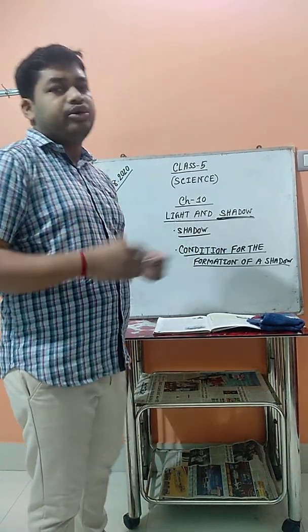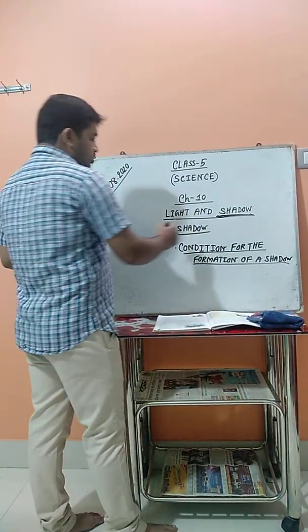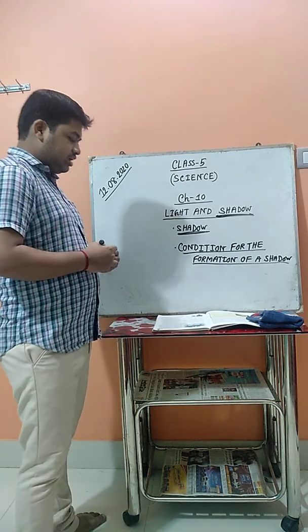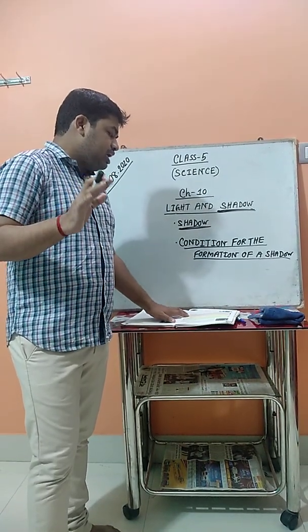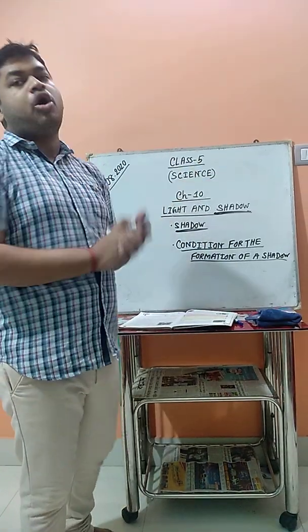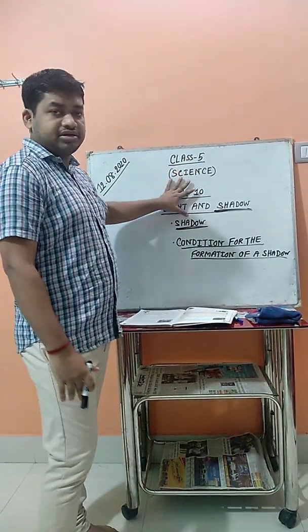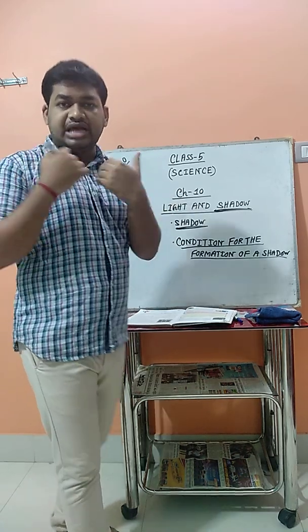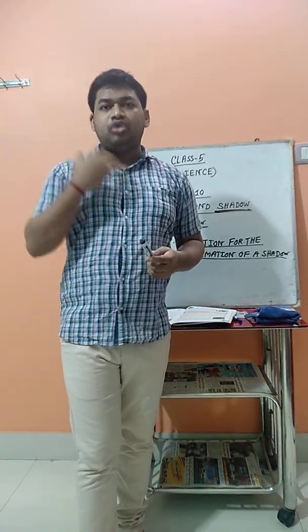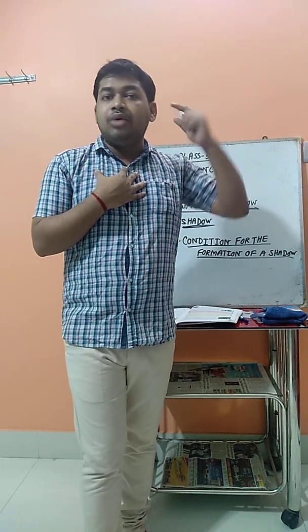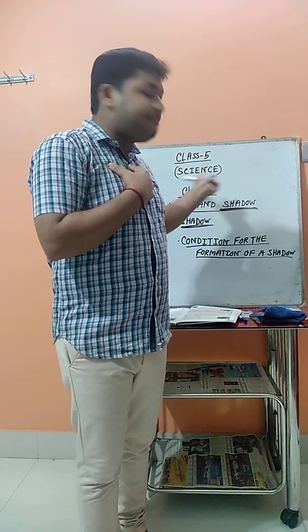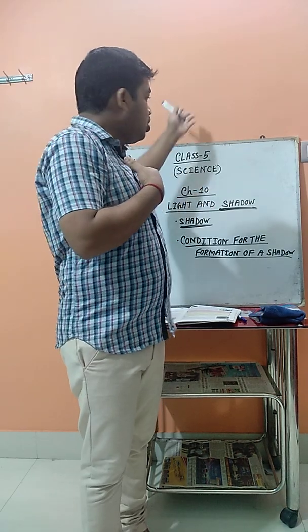Now, what is a shadow? The shadow is a black colored shape formed when light falls over an object. Suppose I am standing here and the light comes over me. Now I work as an opaque object, and my shadow is formed on the backward side, on a plane area or on the wall.